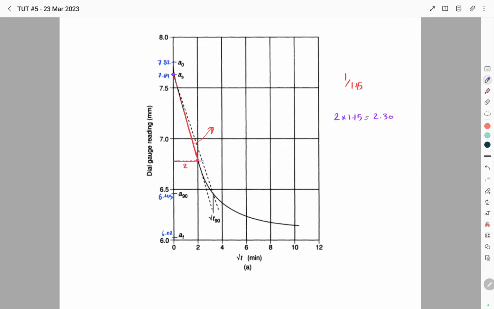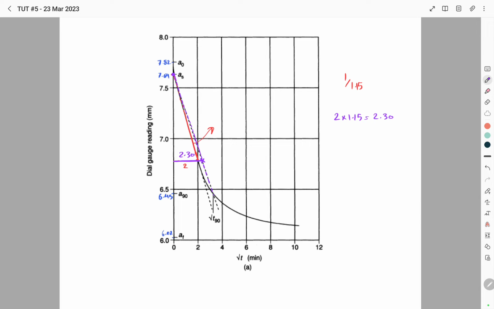So this is the second point, which has a length of 230, and now we have to connect AS to this point.